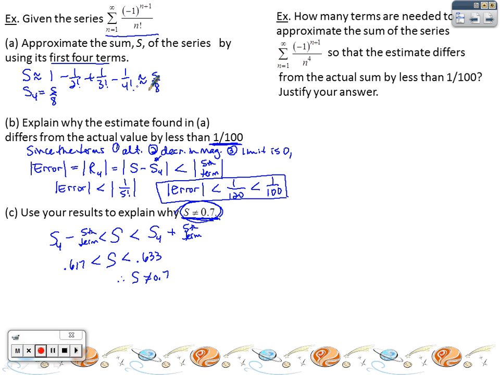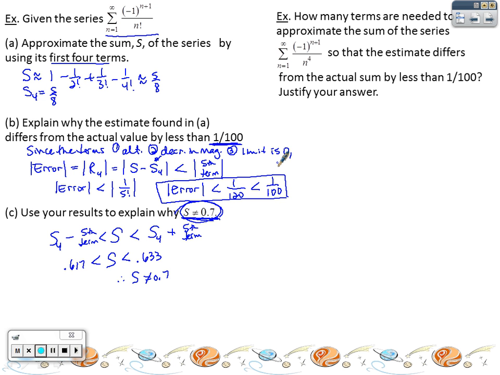The farther out we go, the smaller this term is going to be, so our error bound will be smaller. All right, because these converge. They alternate, decrease in magnitude, and the limit is 0, because the ones that this works on, they converge. All right, okay so far?